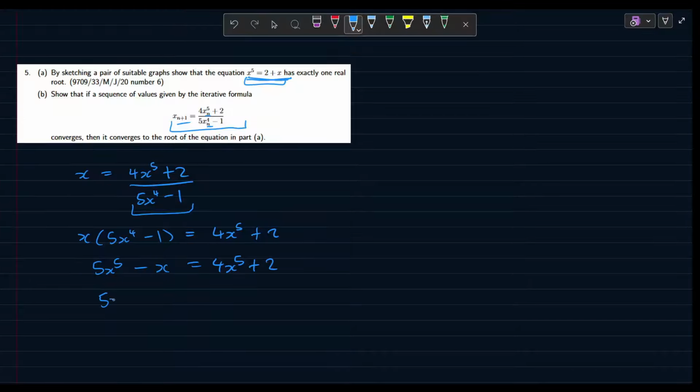So that's 5x to the 5 minus 4x to the 5 equals 2 plus x. So this gives us x to the 5 equals 2 plus x. So we have shown that if the sequence of values given by our iterative formula converges, then it converges to the root of the equation in part A.